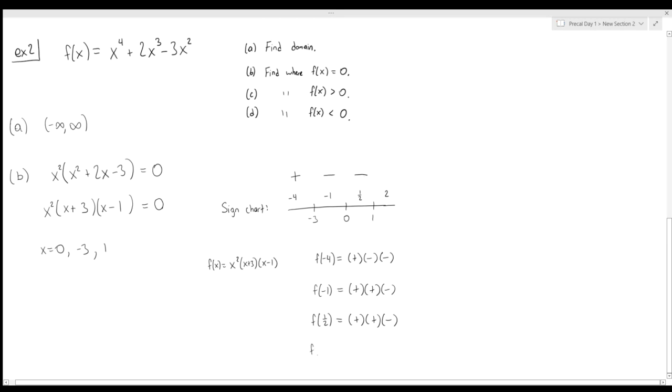And then lastly, if we plug in 2 to the function, this time all 3 of these are going to be positive. So f will be positive in that last interval there, okay? All right, cool. So then here we see that f is positive in the interval from negative infinity to negative 3, and also in the interval here from 1 to infinity.